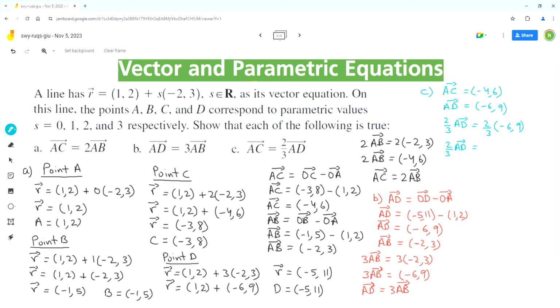So we multiply both components by 2 over 3, and -6 times 2 over 3 is equal to -4. And 9 times 2 over 3 is equal to 6. So we can see that vector AC is equal to 2 over 3 times vector AD. That means the equation in part C is true.